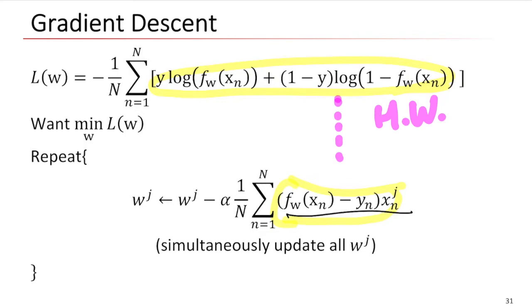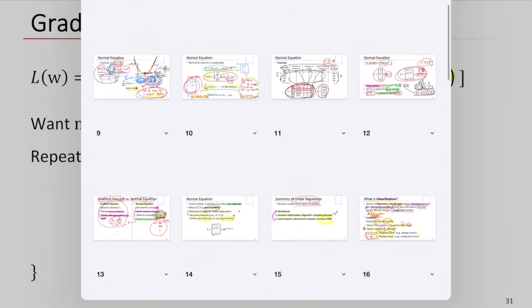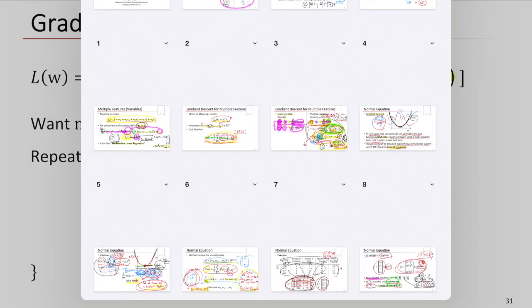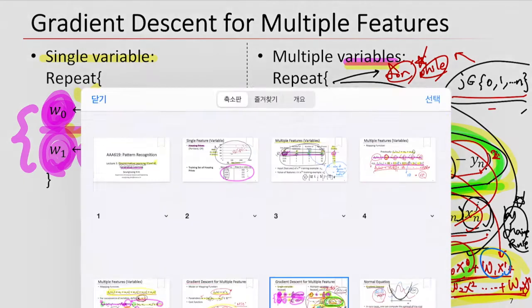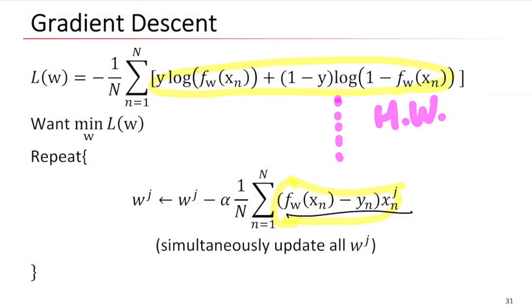Do you remember this shape? Where do you see this one? If you remember the gradient descent for multiple features, the shape looks like this, right? Actually, there is a very interesting thing.